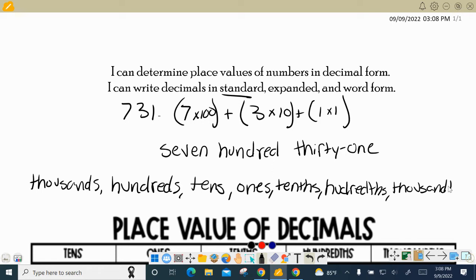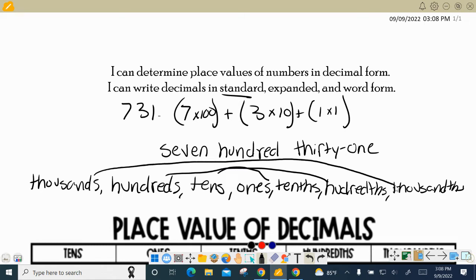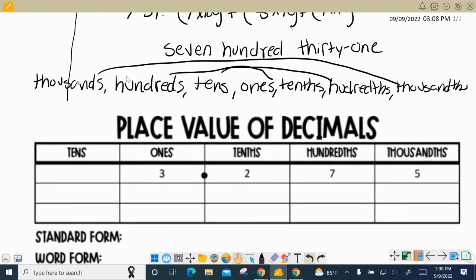So it's almost like a mirror. You can see our tens and our tenths, our hundreds and our hundredths, and our thousands and our thousandths. It's almost mirrored across. And that's what we're really going to be working on today, is how to say those decimals.